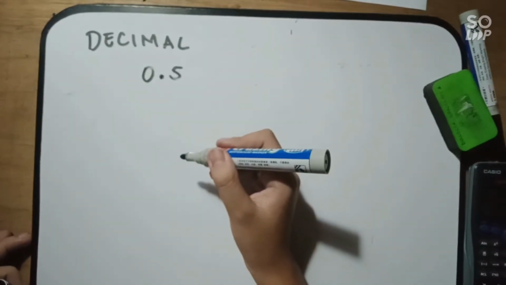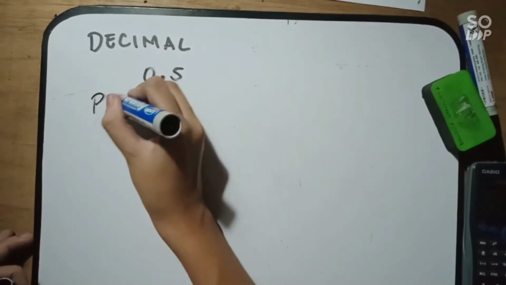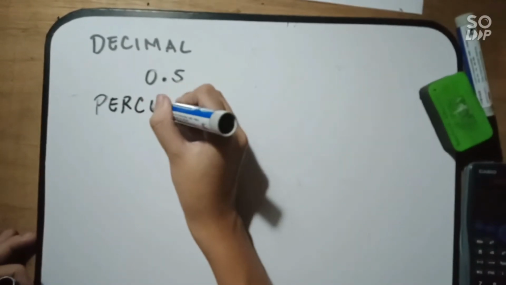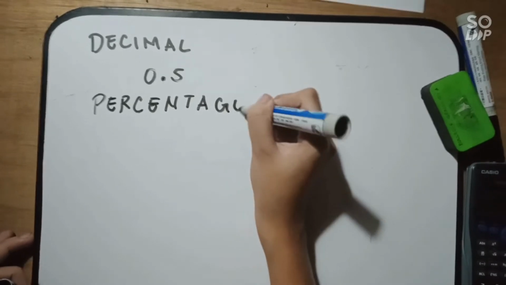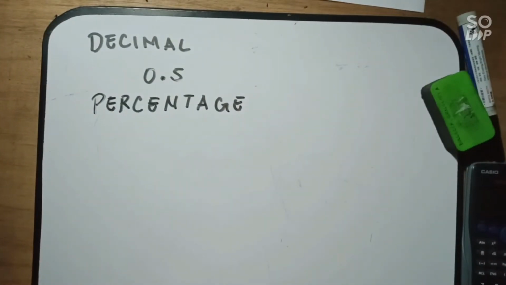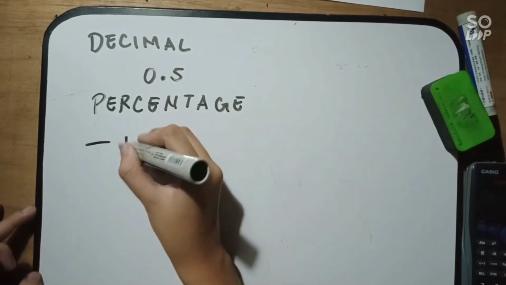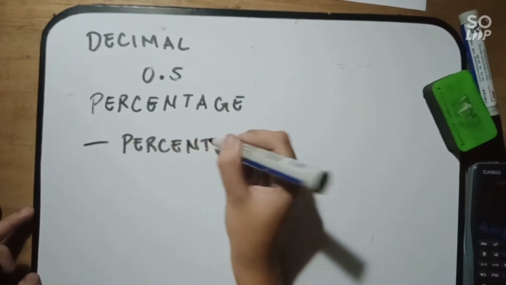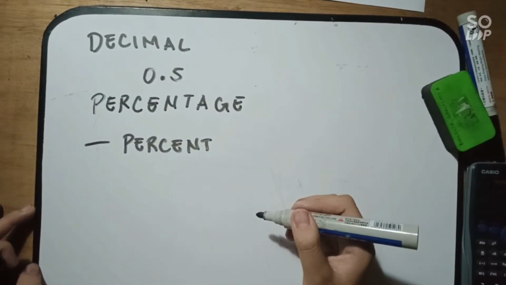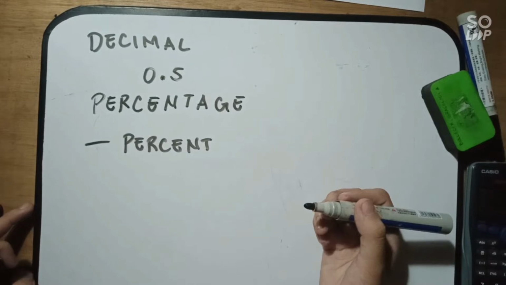The last concept that we will be talking about is percentage. A percentage is a measure of a portion in relation to a whole, often expressed as how many of something there are per 100. Under the percentage, there is what we call the percent. The percent is a decimal number multiplied by 100 with a percent symbol.